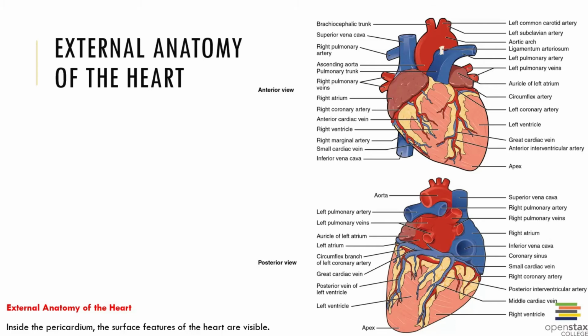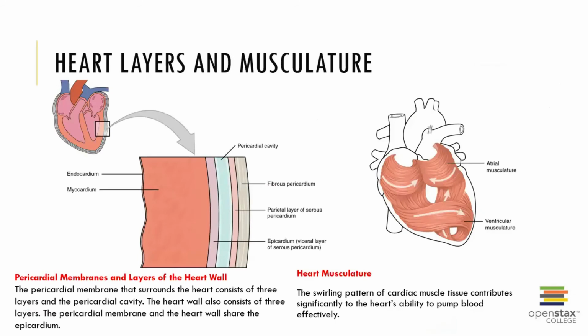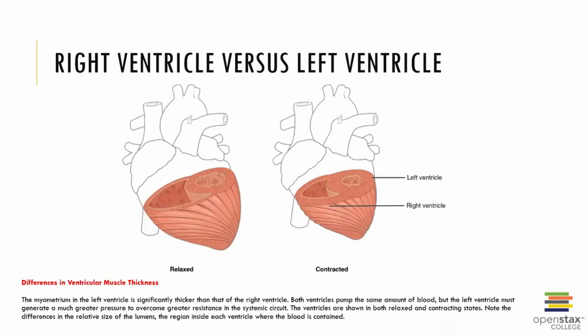So here you can see a different view of what we were discussing. So the muscles and the heart layers that we spoke about. And in this view, you can see the difference in the right ventricle versus the left ventricle. And you can see that the myocardium in the left ventricle is significantly thicker than that of the right ventricle.